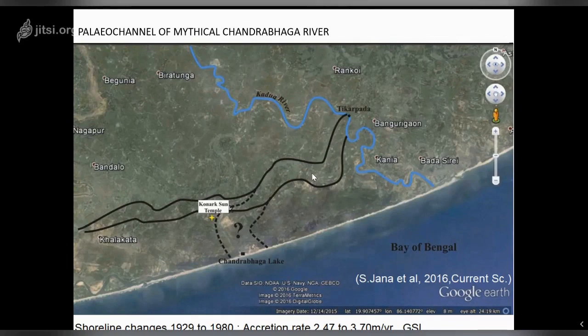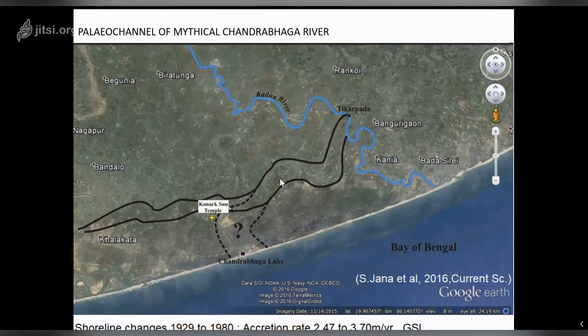Now, coming to the formation on which this temple has been constructed and the rocks with which the temple has been constructed are two aspects of geology which normally catch the attention of any geoscientist.